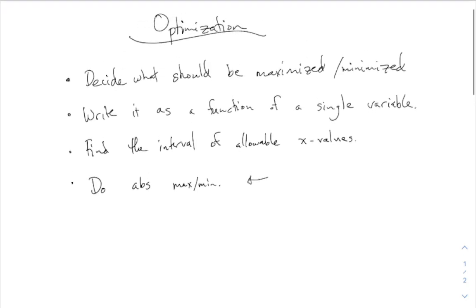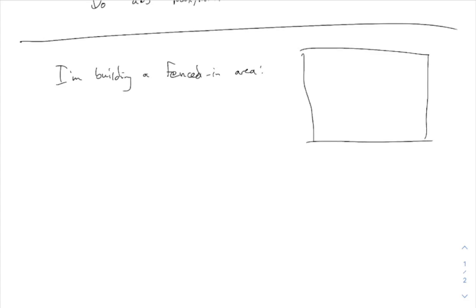Okay, let's try. Like I said, I got an example, then I got one for you to try, and then I wanted to just do one last harder one. How about this? I'm building a fenced-in area, not a true story, like this. A big rectangular area that's divided into 4 regions.